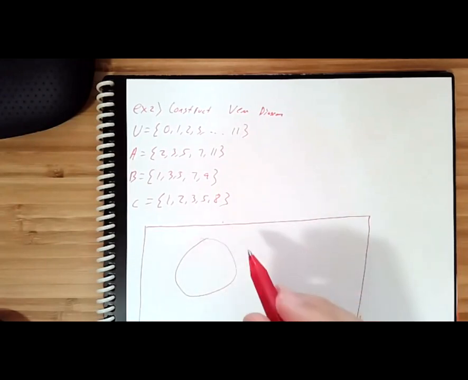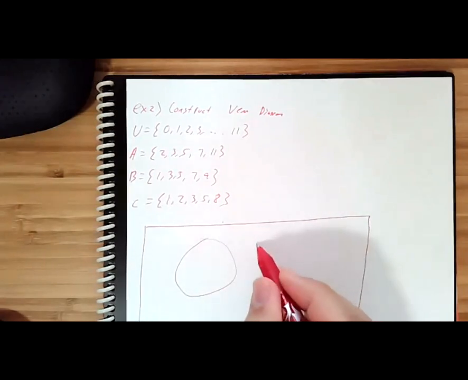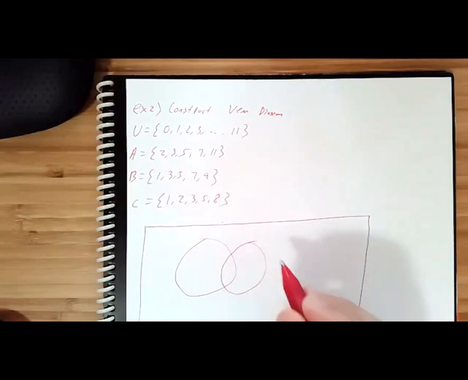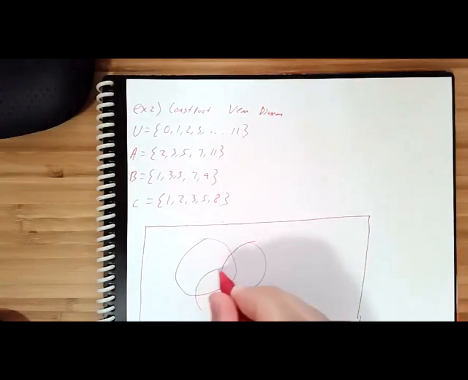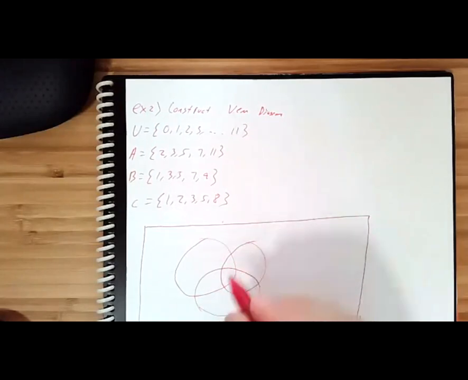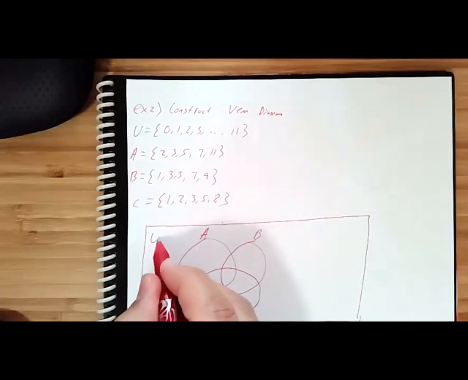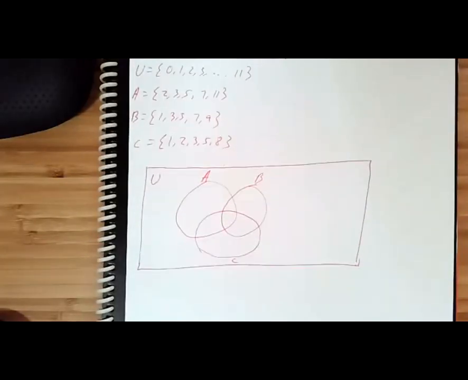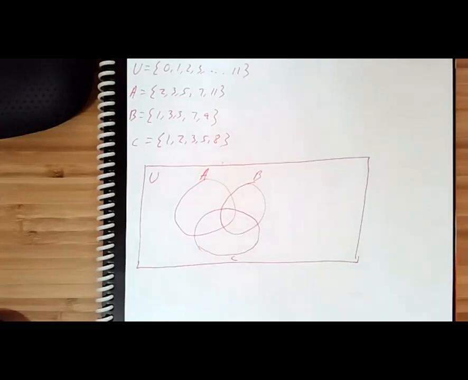There's A. Here is B. Here is C. My drawing is not the greatest. So what do y'all have in common?